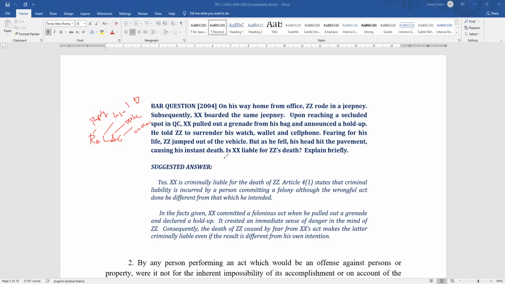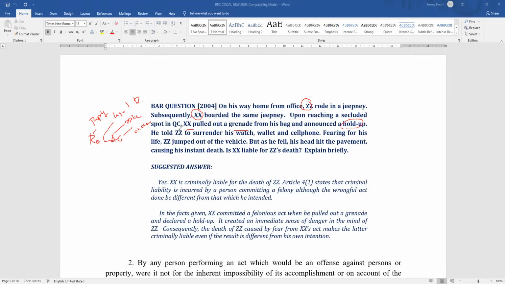Let's analyze. Ito nakalagay sa libro ko. Bar question 2004. On his way home from office, ZZ boarded the jeepney. Almost the same as that nung illustration natin. XX pulled a grenade, announced a holdup.